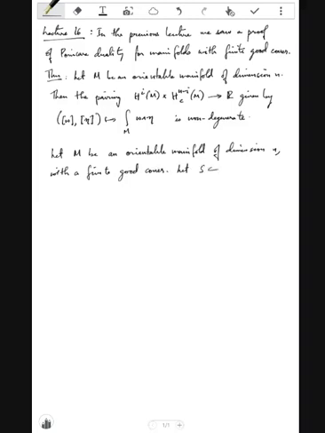Let S contained in M be a compact orientable submanifold. Let k be the codimension of S, that is, dimension of M minus dimension of S.